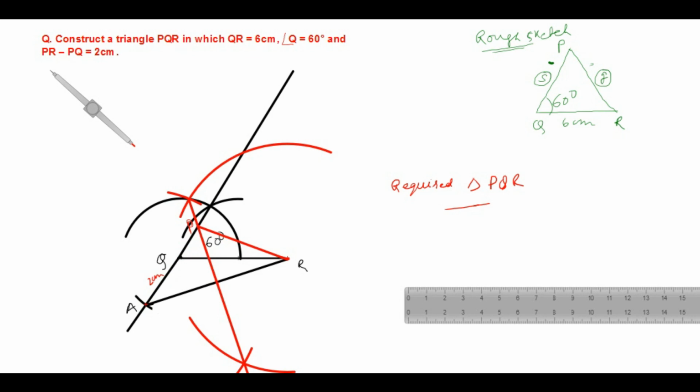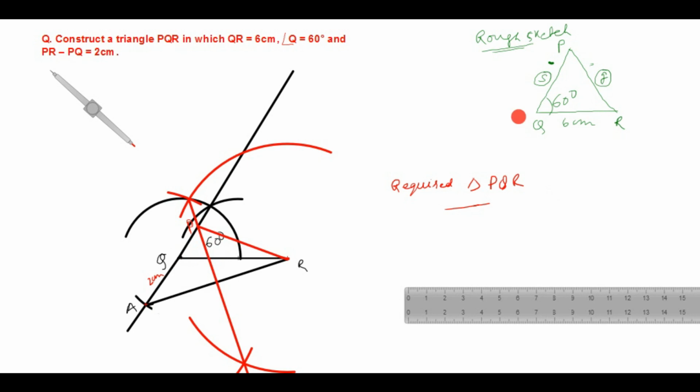And we know that PR minus PQ will give you 2 centimeter. Hence we get the required triangle PQR, in which QR is 6 centimeter, angle Q is 60 degree, and PR minus PQ is 2 centimeter. I hope you understood.